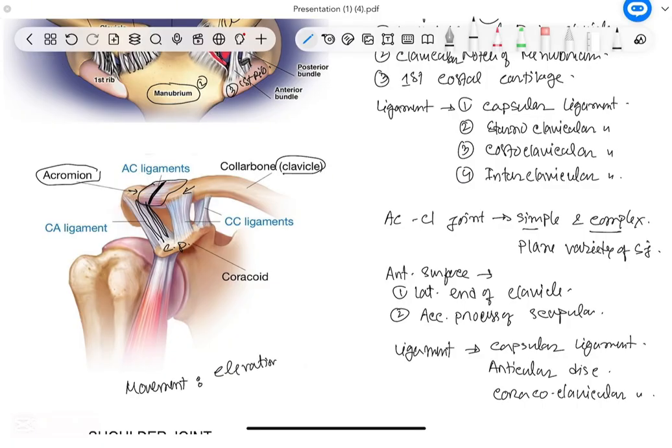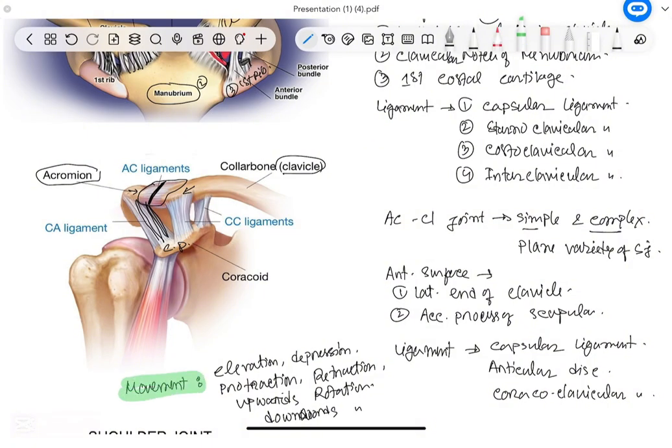You just remember there will be elevation, depression, protraction, retraction, upward rotation and downward rotation. So as a whole, these both joints can do all these movements: elevation, depression, protraction, retraction, upward rotation and downward rotation.